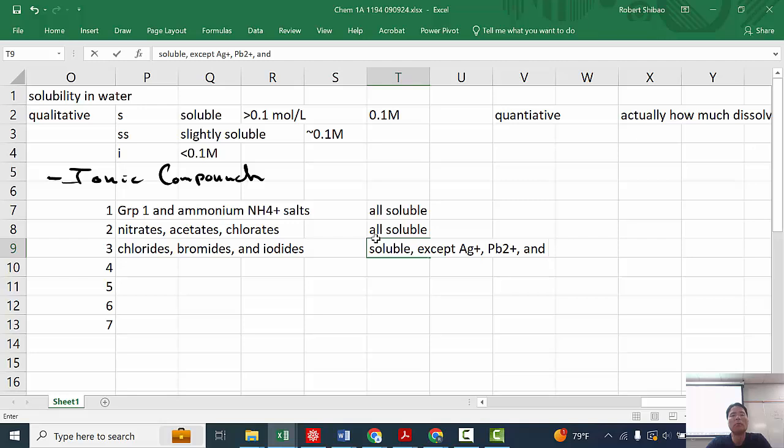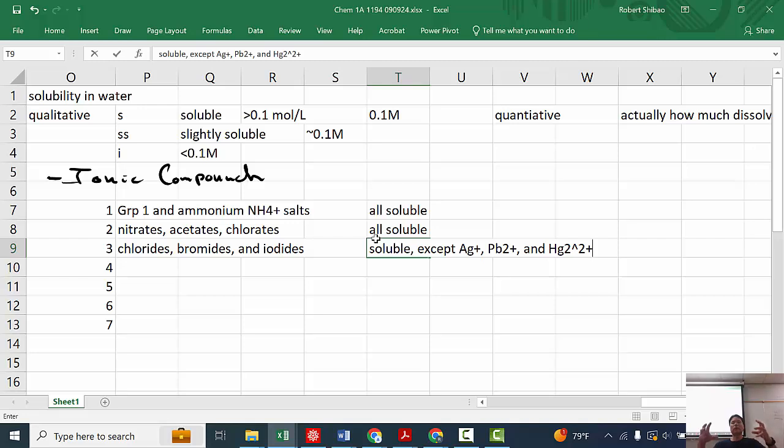And mercury 1. What's the formula for mercury 1? Hg2. How can mercury 1 be Hg2? Can somebody explain that to me? Mercury 1 is Hg2 2+.